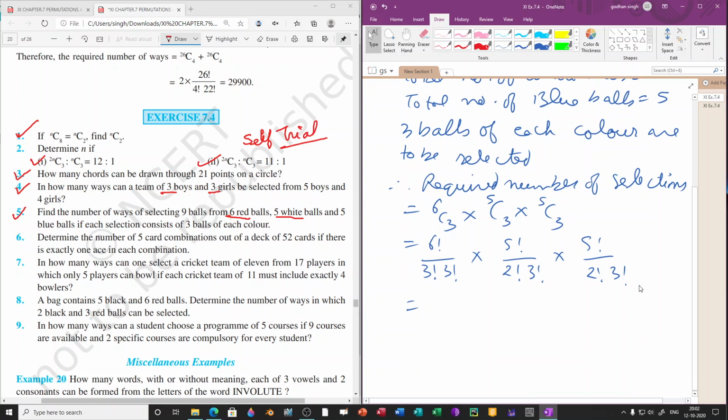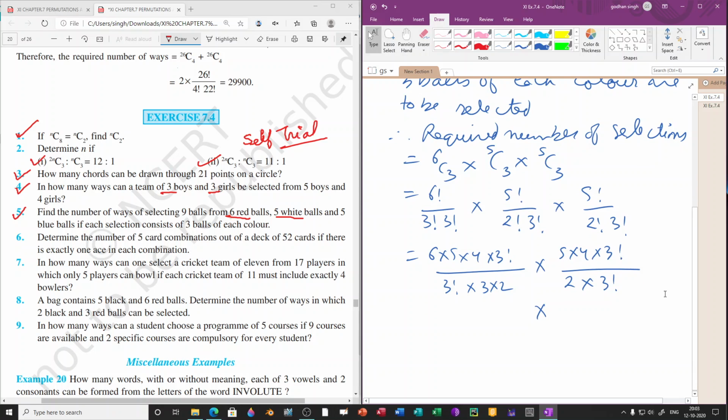Now we can see that 6 factorial is bigger than 3 factorial, so we'll split it up. 6 into 5 into 4 into 3 factorial over 3 factorial into 3 factorial, which can be written as 3 into 2, that is 6, into the same way 5 factorial can be written as 5 into 4 into 3 factorial over 2 factorial, that is 2 into 3 factorial, then multiplied by 5 factorial over 2 factorial into 3 factorial.